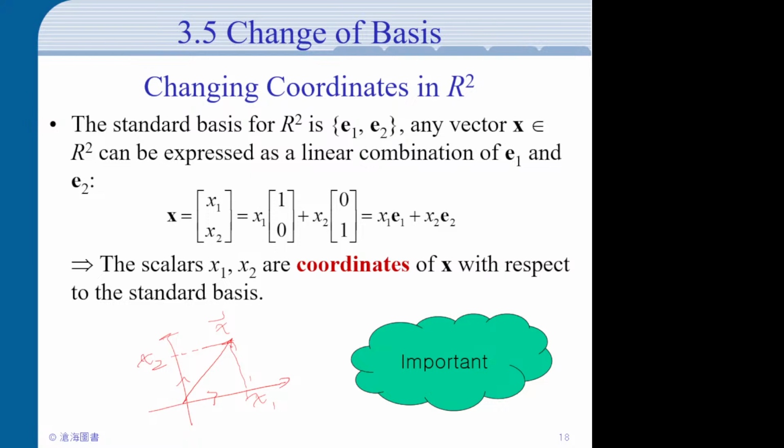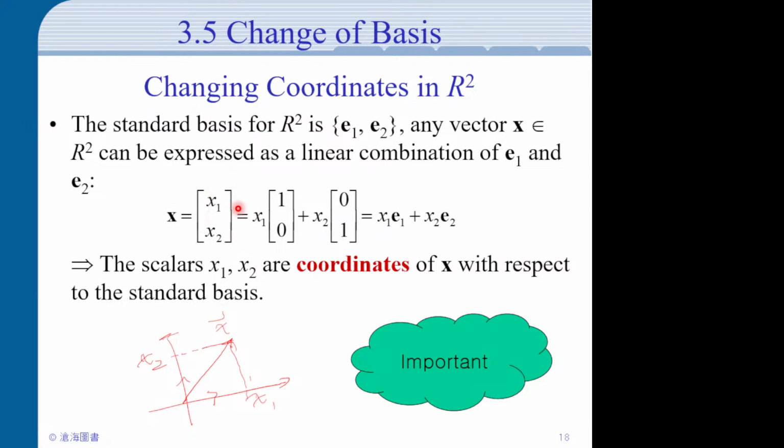Then we see this concept of coordinates. Every vector in your vector space can be described as a unique linear combination of your basis vectors. So for example, in the standard basis, in R^n, everything can be described by a linear combination of the standard basis, obviously.